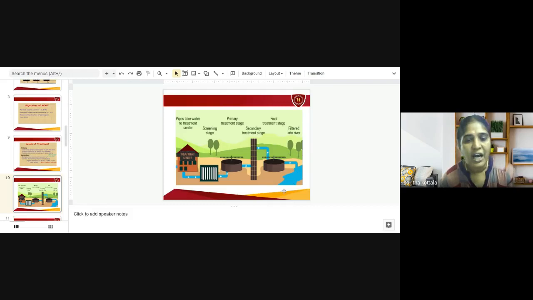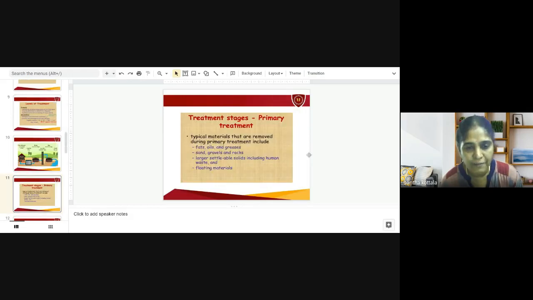Now let us see how it begins. From the treatment center, the water enters the screening stage. From the screening stage, it enters the primary treatment stage. From there, it enters the secondary treatment stage and then the final treatment, and then is filtered into the water bodies.